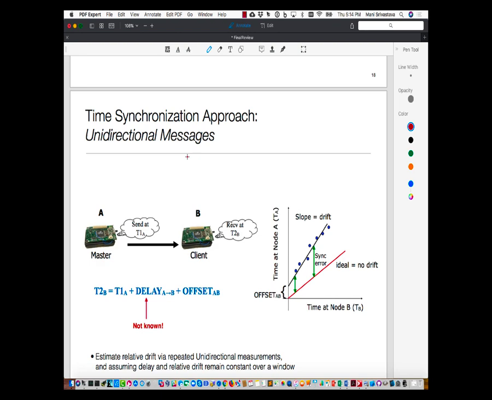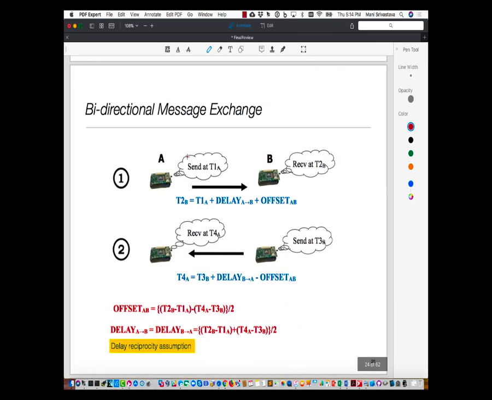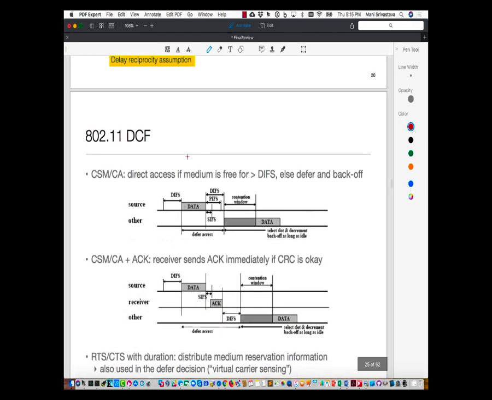So a simple scheme can work. You hopefully remember your radio delays are pretty tiny here. Now, one of the other ways you can compensate for this is the bidirectional approach, to cancel things out. So anyway, that's synchronization.